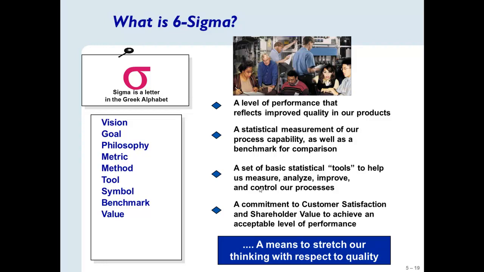Six Sigma also includes a set of basic statistical tools to help us measure, analyze, improve, and control our process. Six Sigma also focuses on the commitment to customer satisfaction and shareholder value to achieve an acceptable level of performance. Six Sigma is widely accepted and famous right now.